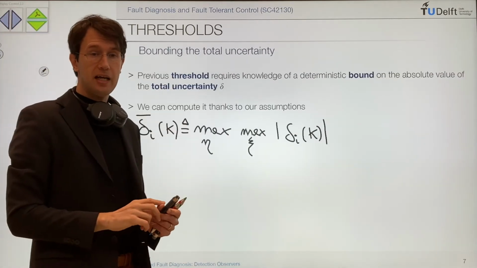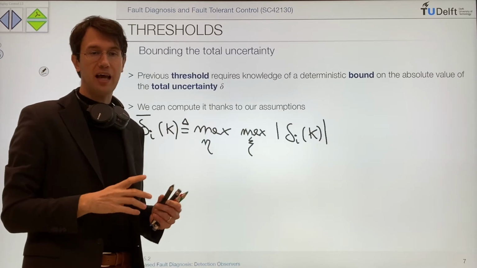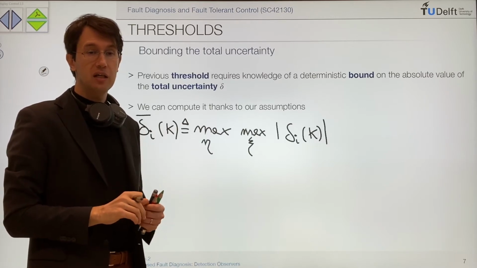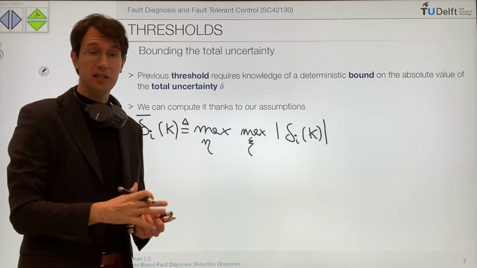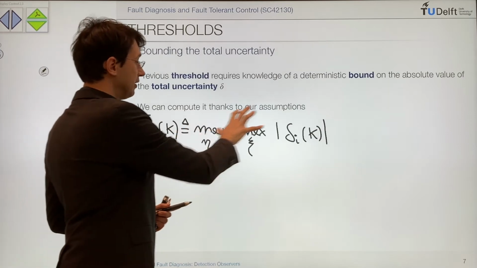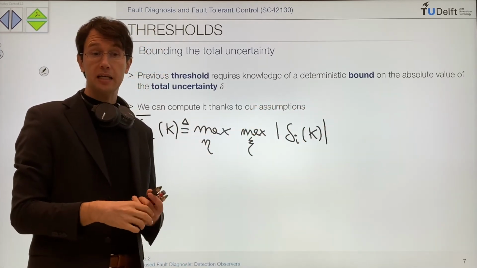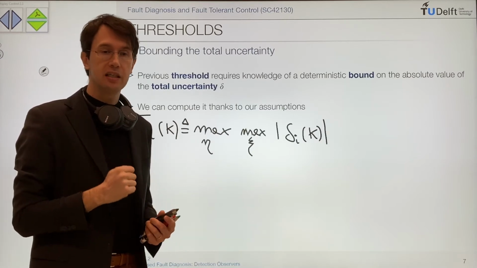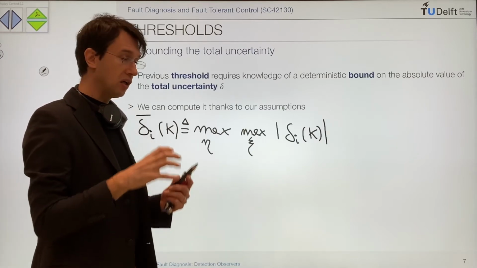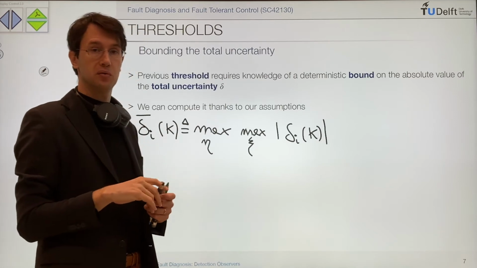The only issue is that if the shape of f, the nominal function, is nonlinear, then we need to look for a numerical solution to this problem. Instead, if f is linear, then we can find a closed form analytical solution.